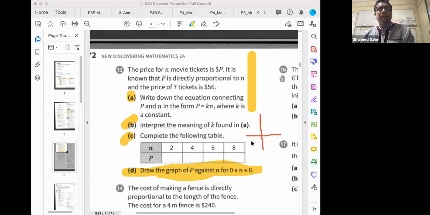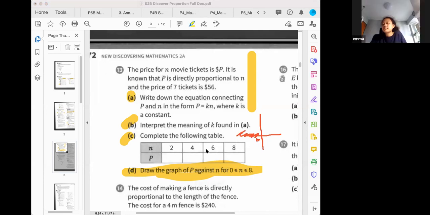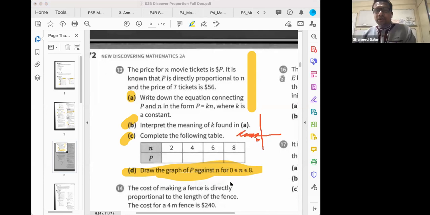So down here you start at 0. You don't need to draw all the negative numbers here because there are no negative numbers. So you can draw just like that.